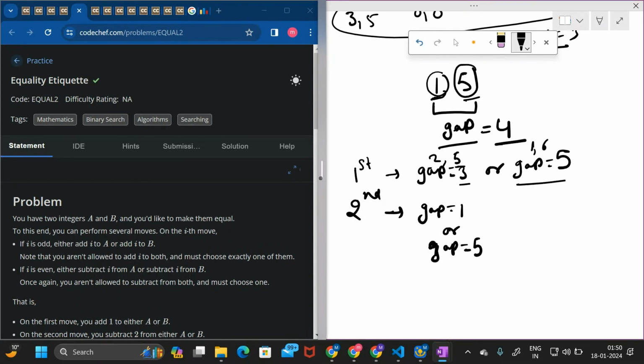In the other case, we can decrease the gap by 2, or we can increase the gap by 2, giving 7. So that is what we are doing.